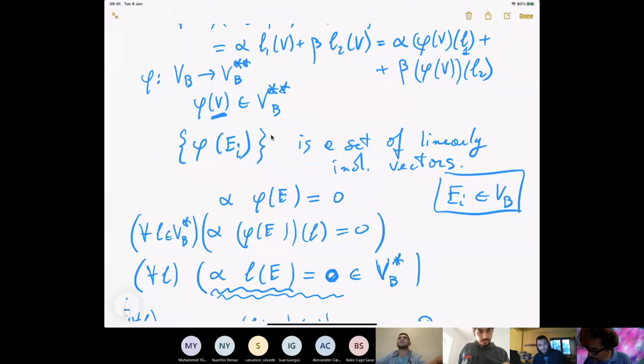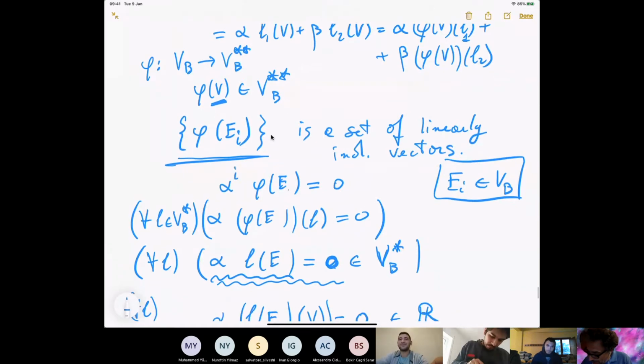Now I want to prove that phi E I, with I down, is a set of linearly independent vectors. So here I'm writing the linear combination in this way.